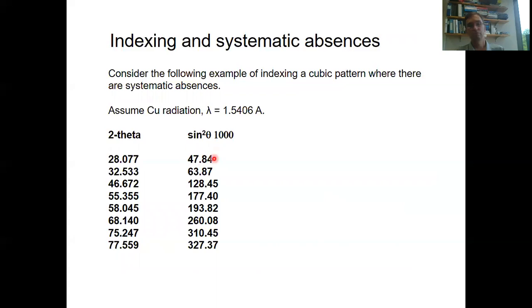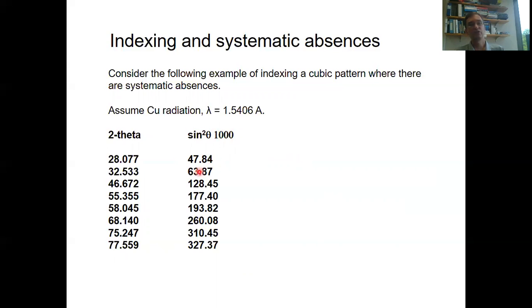And because of that, our common factor would just be identical to the first sin squared theta times 1000 value. So this worked for our previous examples, but you see that it actually doesn't work for this example. So 47.84 divided by 47.84, yes, that gives an integer number, which is 1.